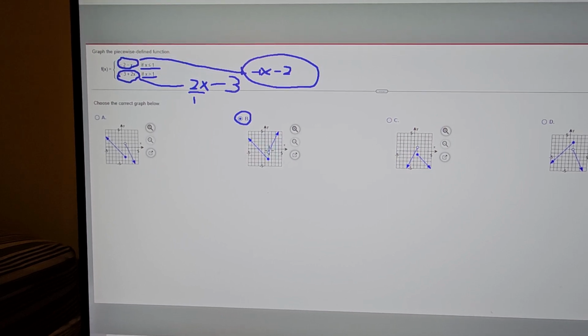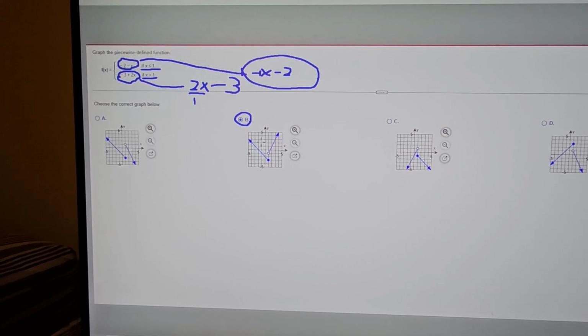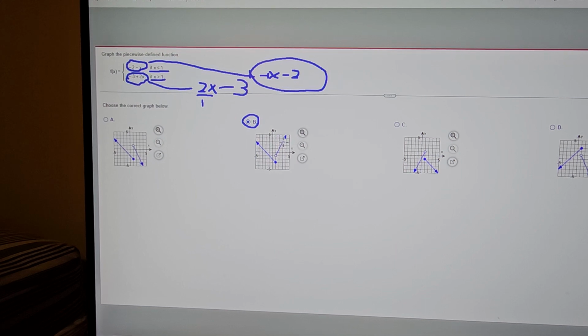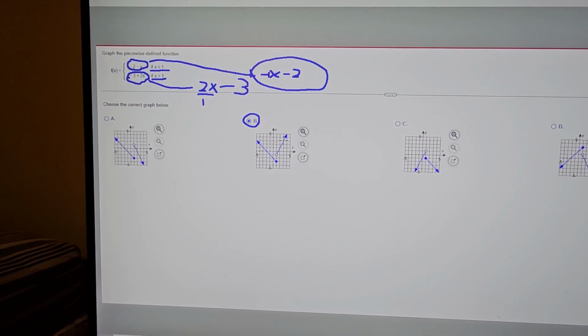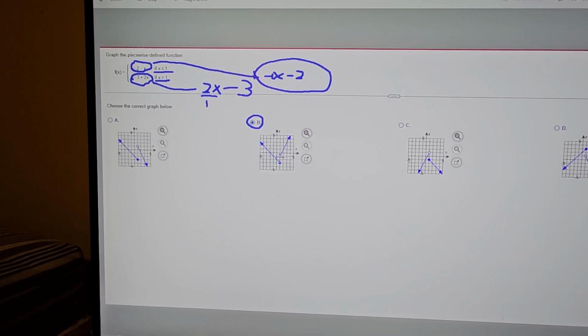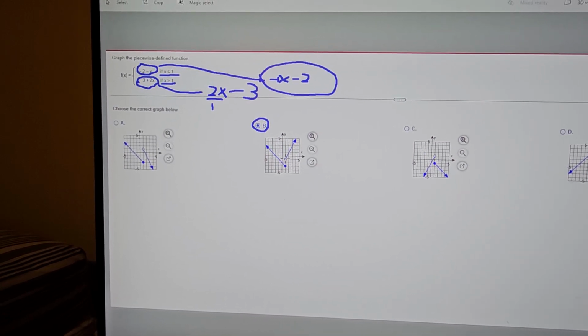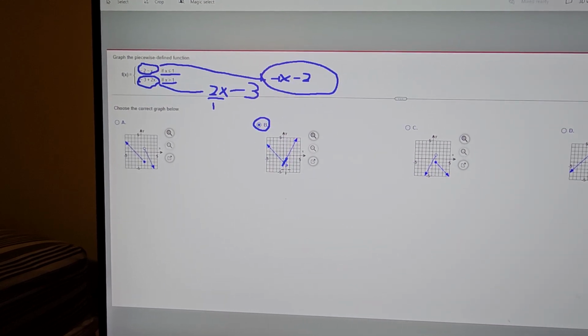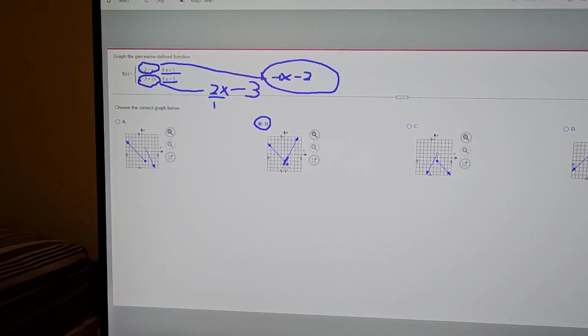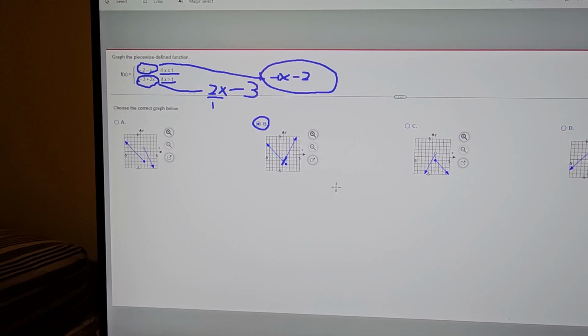It has a slope of 2 for every 1, so it goes up 2 for every 1 we traverse on the x-axis, and if it kept going down here, it would intersect the y-axis at -3.